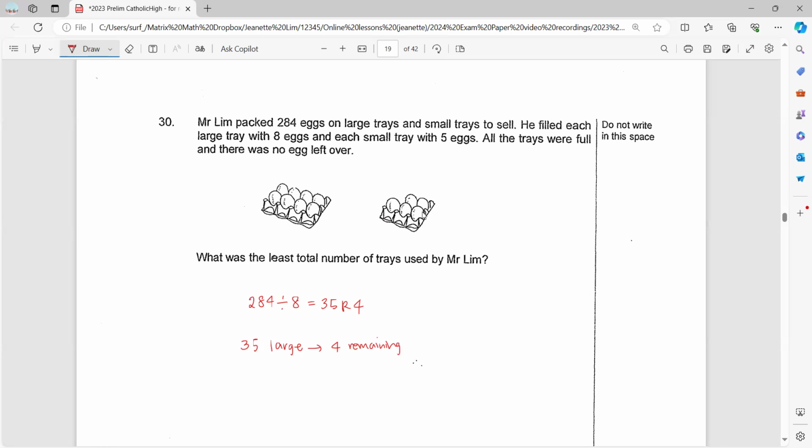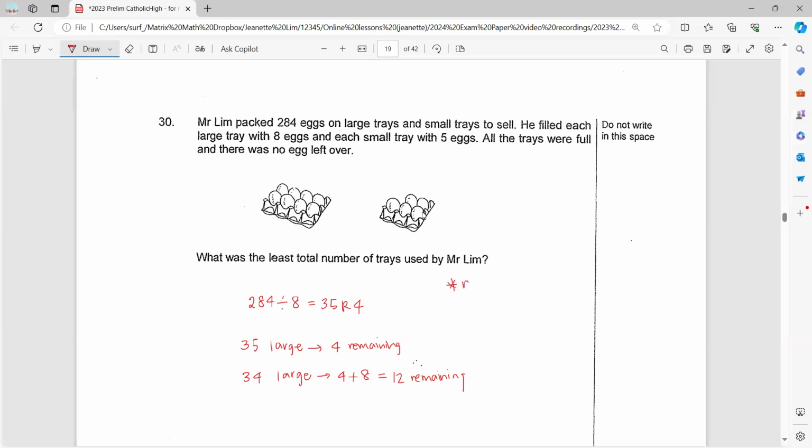Now, if 4 remaining is not what we want, we're going to remove 1 large. So when you have 34 large, then you'll have 4 plus 8. Because 1 large is 8, right? So basically you're taking 1 large tray away and then you have 8 more eggs. So this is 12. 12 remaining.